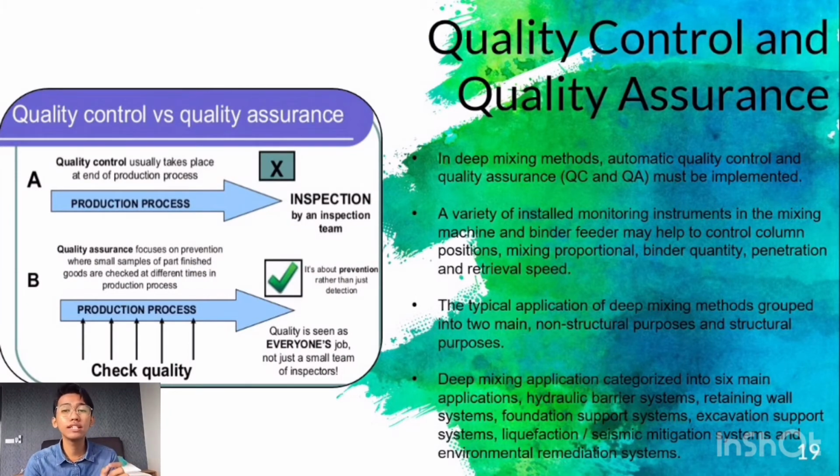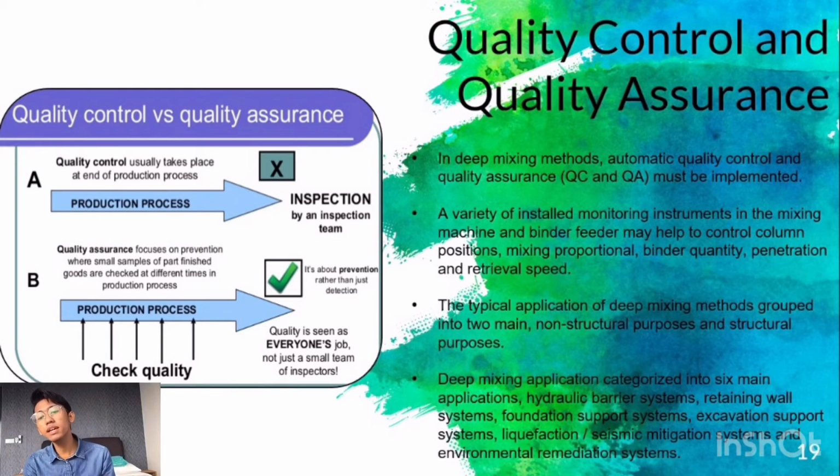Next is quality control and quality assurance. In deep mixing methods, automatic quality control and quality assurance must be implemented. A variety of monitoring instruments installed in the mixing machine and binder feeder may help to control column positions, mixing proportion, binder quantity, penetration, and retrieval speed.